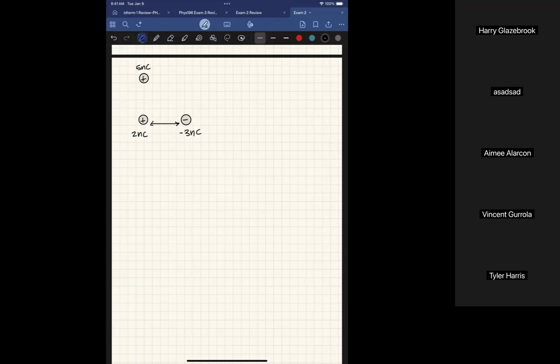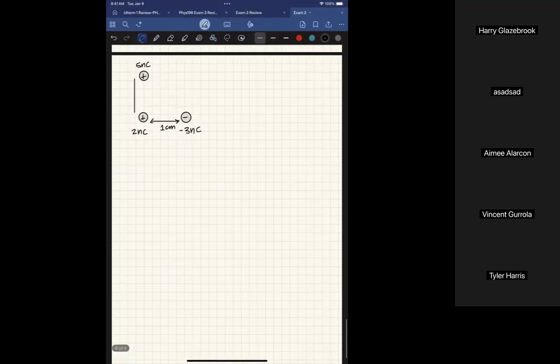It might give you some distances, like they might say this is 1 centimeter. This is 2 centimeters.